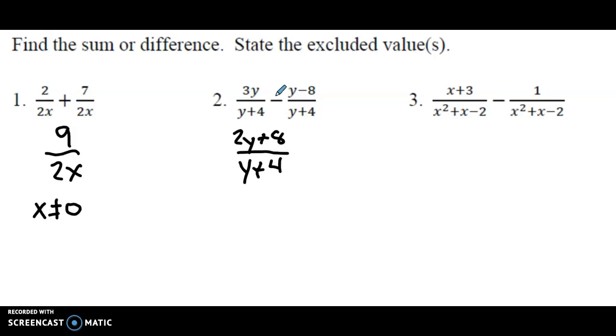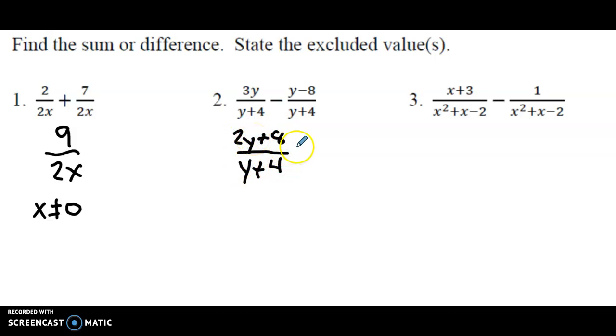All right, now what we want to do is see if this can simplify. In our first example, it couldn't simplify. 9 over 2, they have no common factors. But when you look at these numbers here, you see the 4 and the 8 are related a little bit. So we're going to factor them. Remember, with binomials or trinomials or any polynomial, you have to factor to simplify.